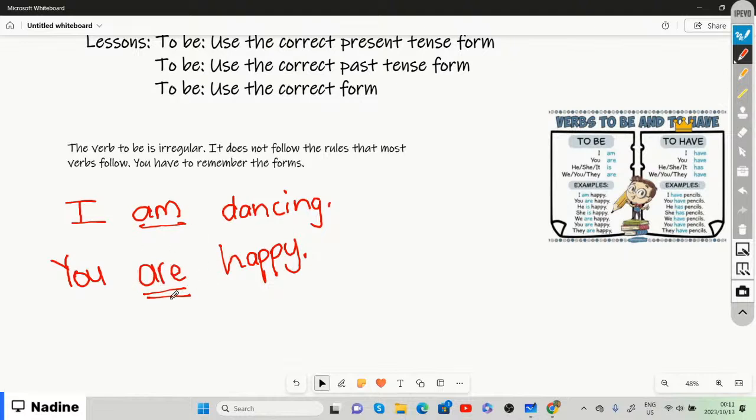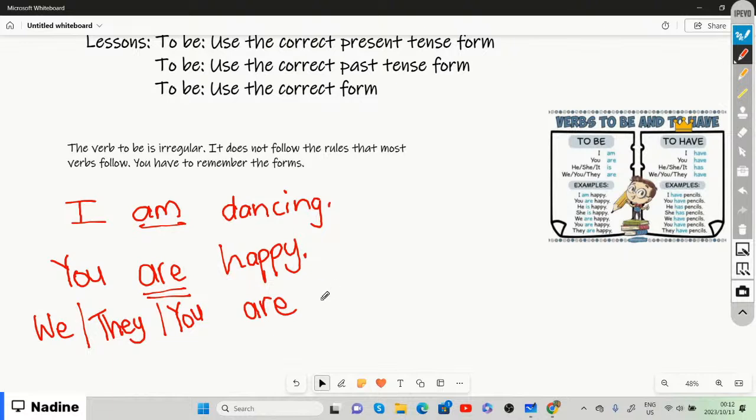We also use are if we want to make mention of more than one person doing something, right? So either if we say we, or you can say they, or you can even say you, because we specifically said you already. Then we say are.